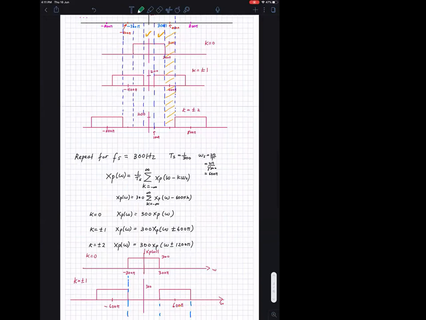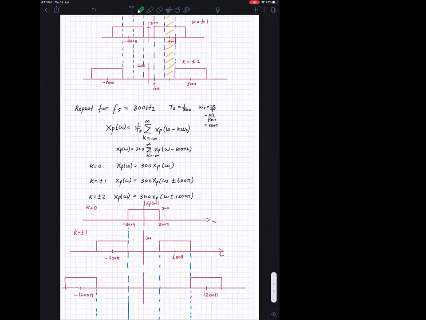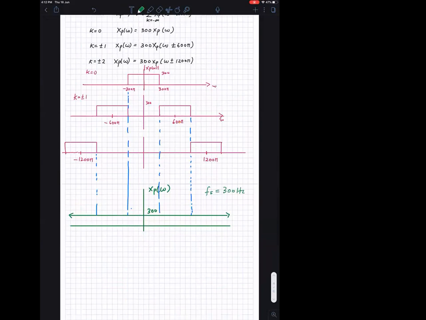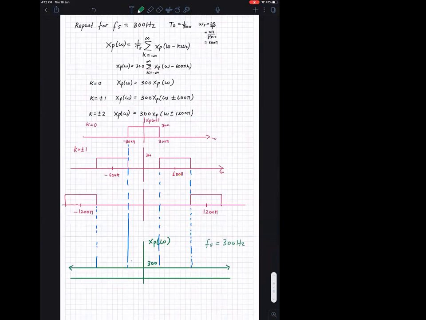Yes, 300 hertz. Okay. Any question on this? Everybody understand this? Please draw it neatly.